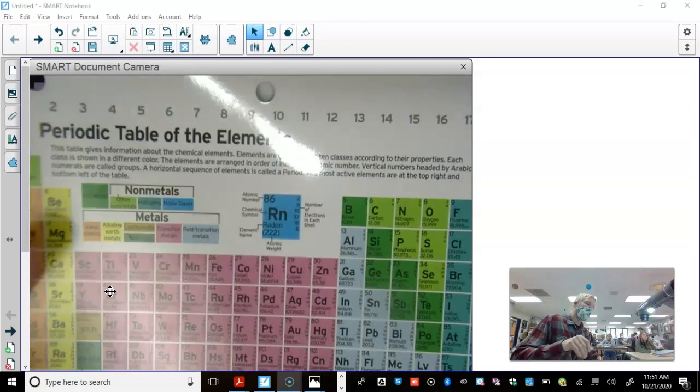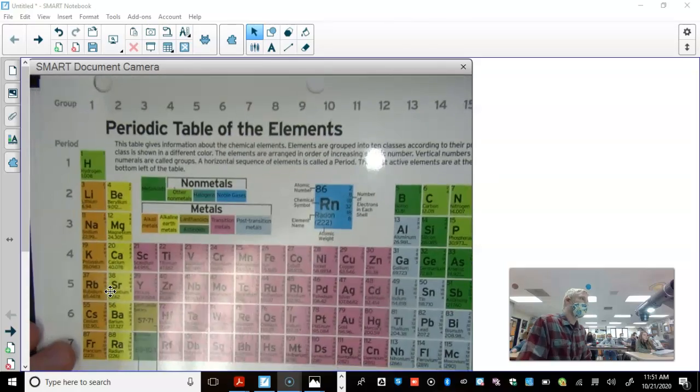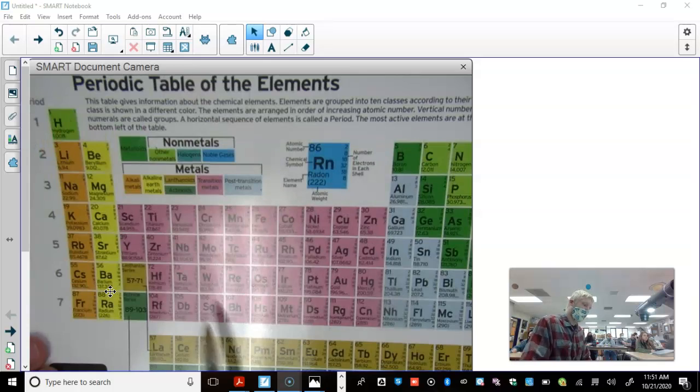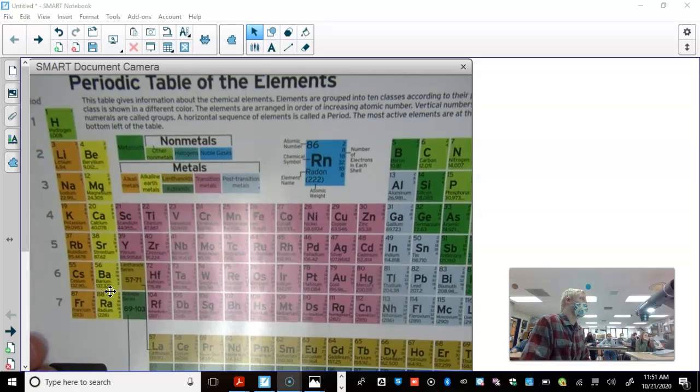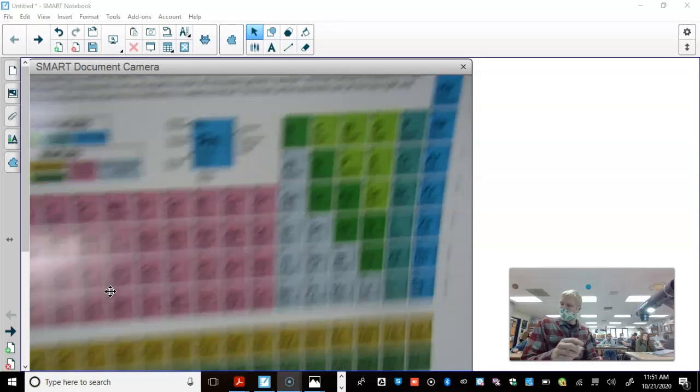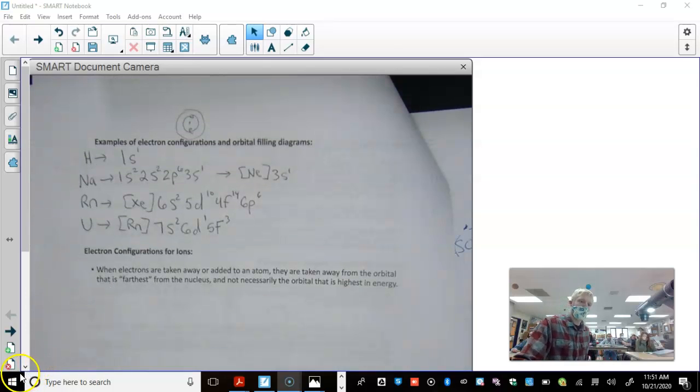However, you could see a periodic table like this, where they lump La and Ac right here, which is true, but it's inconvenient for looking at electron configuration because now you got 1, 2, 3, 4, 5, 6, 7, 8, 9, 10, 11, 12, 13, 14, 15. That could throw people off.